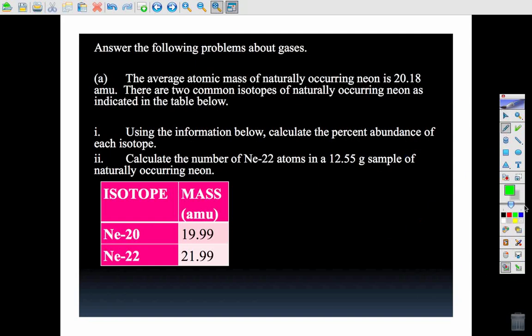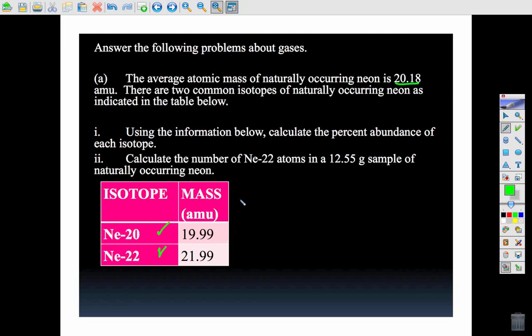Now in this question, we're looking at the average atomic mass of naturally occurring isotopes. It gives us the average atomic mass that would go on the periodic table, and it gives us 2 isotopes, and we are asked for the percent abundance.